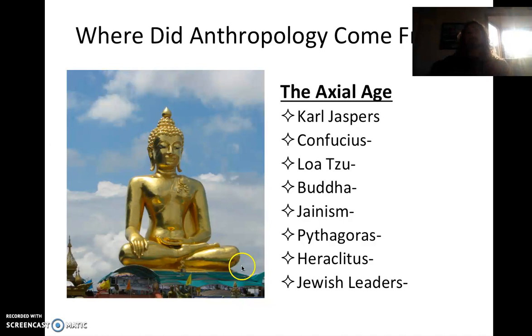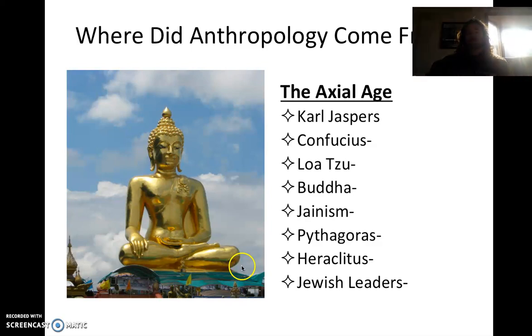They would say that it's a shift from the mythical to the theoretical. A lot of these figures you have known because these are who we learn about in world history. So the piece here is moving from a mythical to a theoretical stage, which is where do I as an individual fit into this universe, and then where does our society fit into this universe? So Karl Jaspers is the philosopher there.